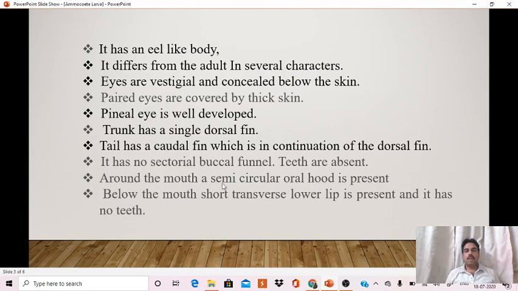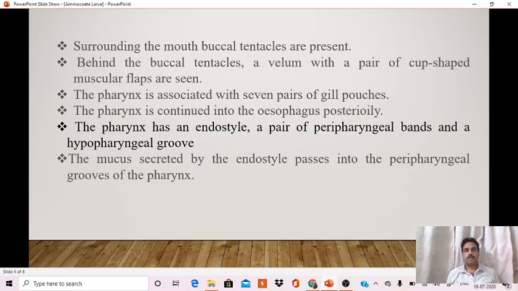Around the mouth a semicircular oral hood is present. Below the mouth, a short transverse lower lip is present and it has no teeth. Surrounding the mouth, buccal tentacles are present.